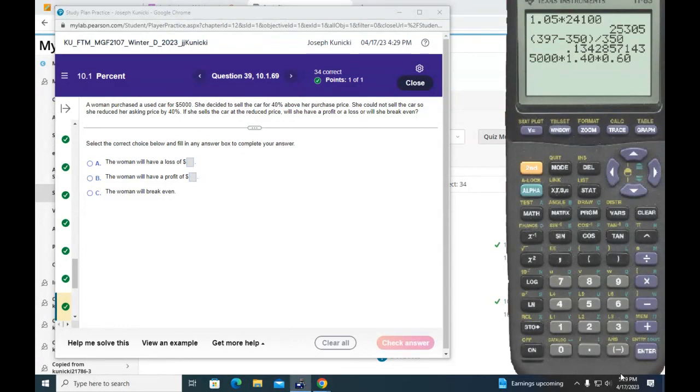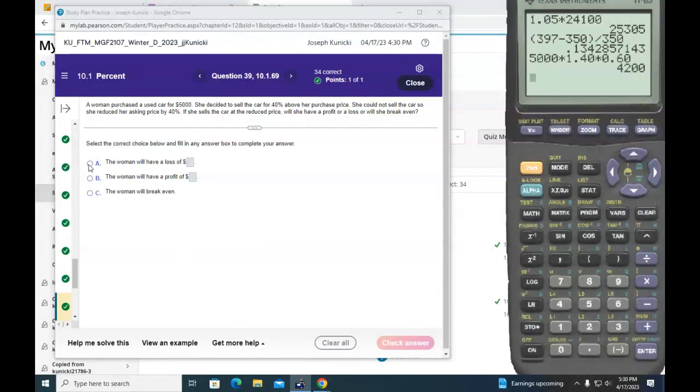If I decrease it by 40, I subtract 40 from 100. So those are the two. This is the price that she increased it to, right? And she reduces it by 40%. Well, rather than do minus 40% and then subtract it, I just do 100 minus 40% to get 60%. I just do it all at once. So there's your answer.